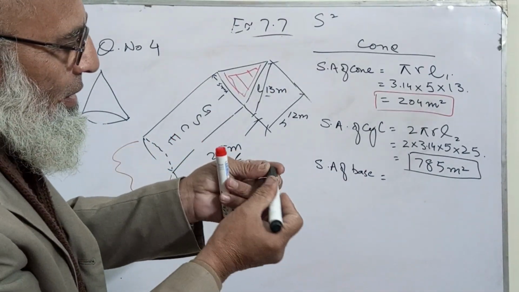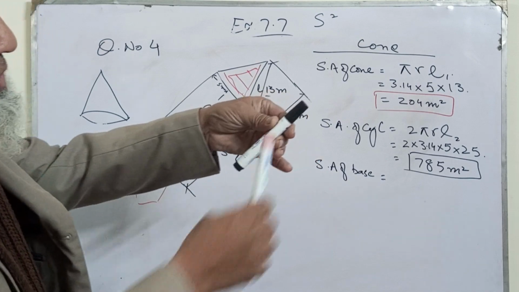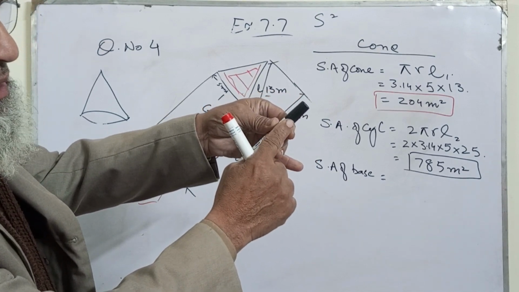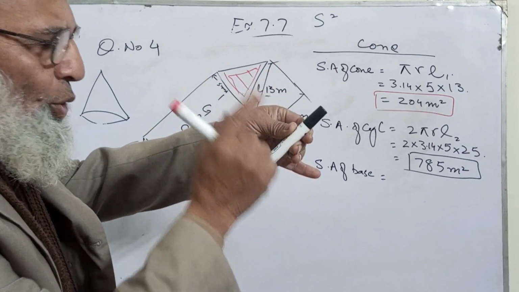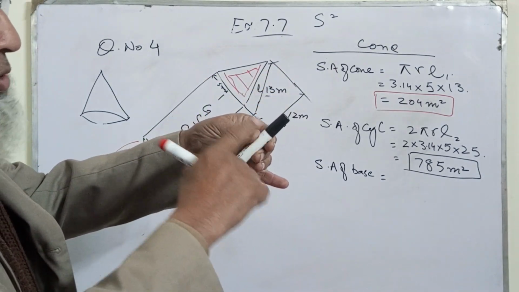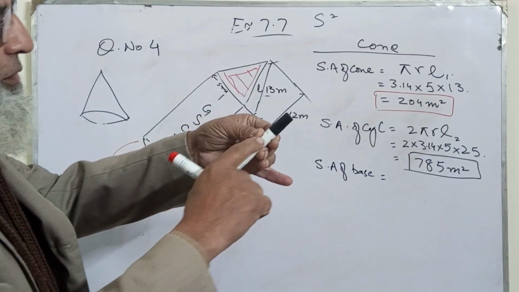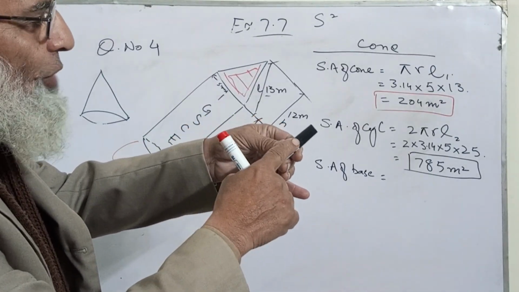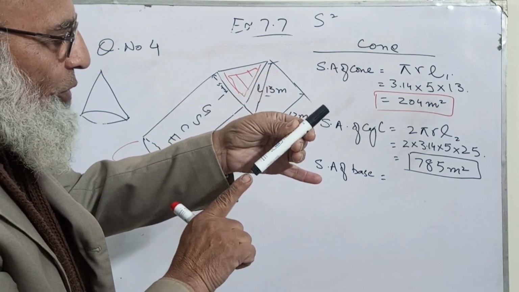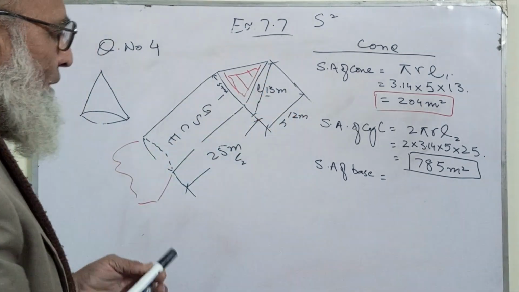Since it is attached to this cylinder, we don't have to find the base area of this cone, though it is equal in numerical figures, but we have to find the base area of this cylinder.